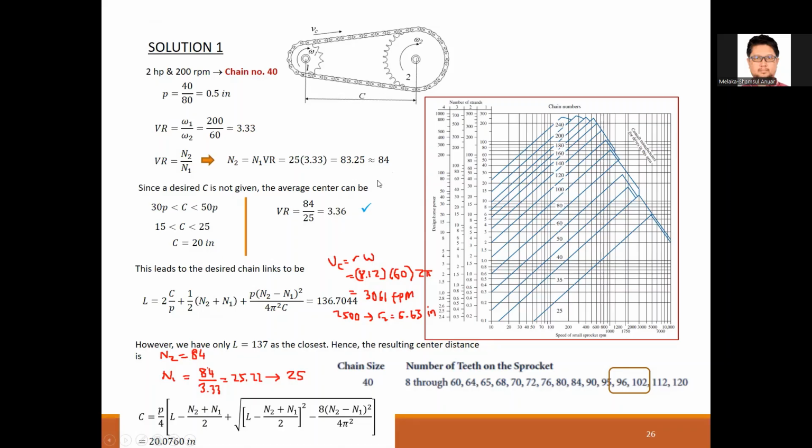You must round it up or round it down. Once you know that, and you have to decide what your C is, then you can calculate the number of links. Here you can also calculate VC.